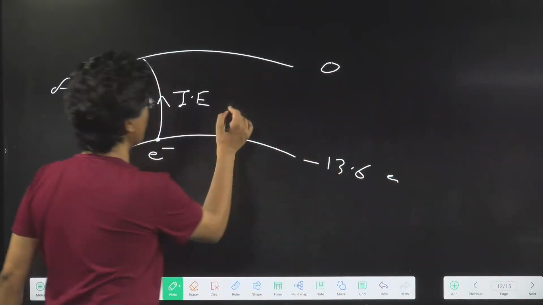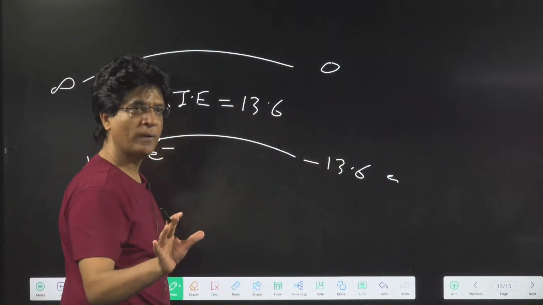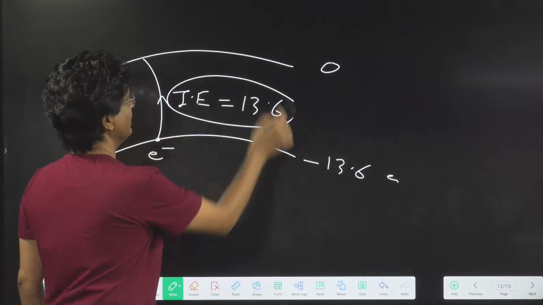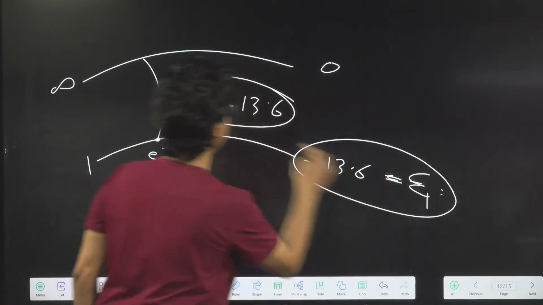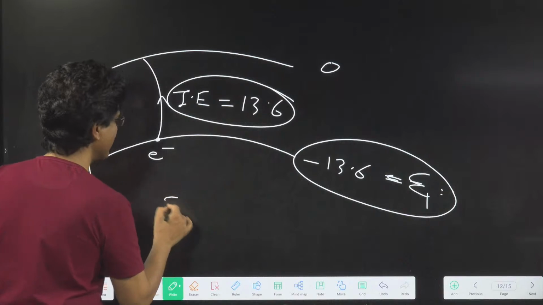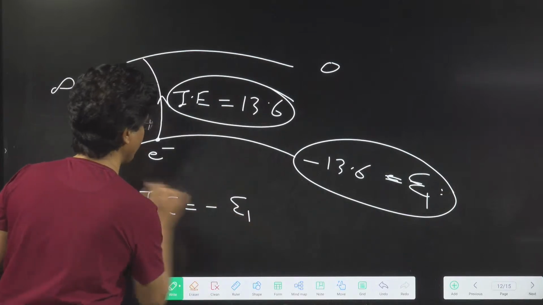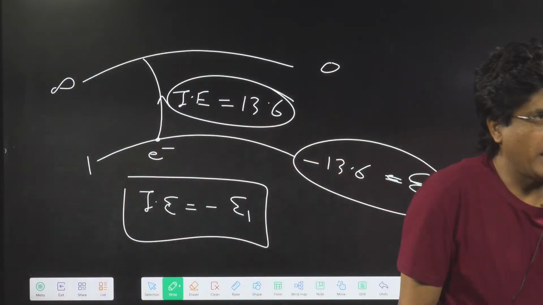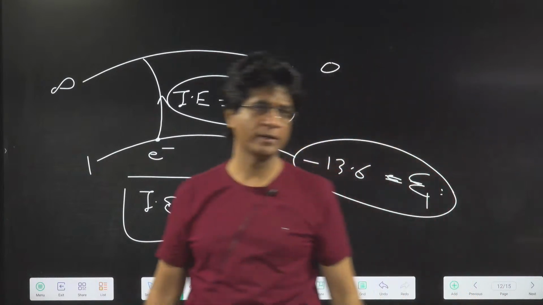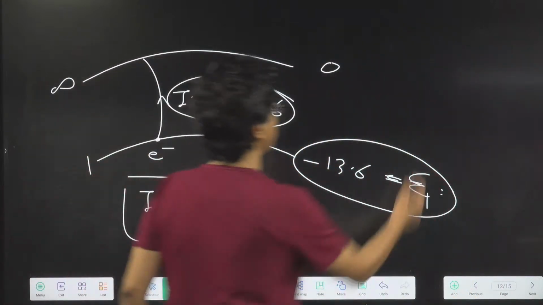So this value will be 13.6. This is E1 and this is IE. So can I say that IE is equal to minus E1? Will you agree with me? Very good.